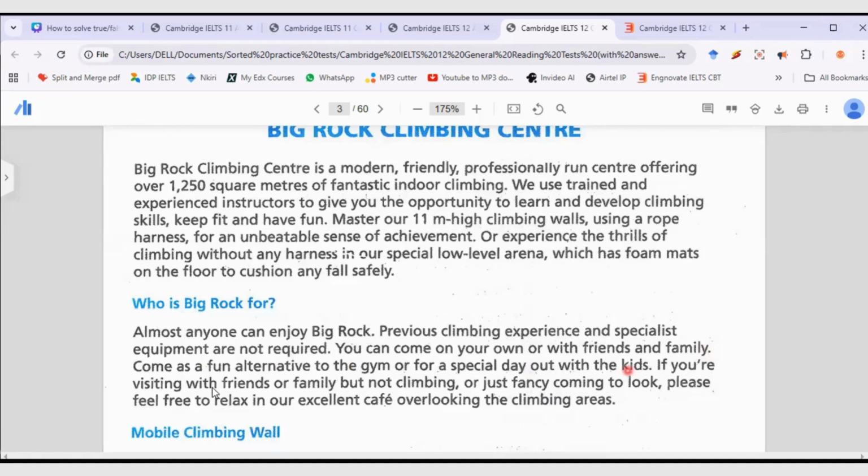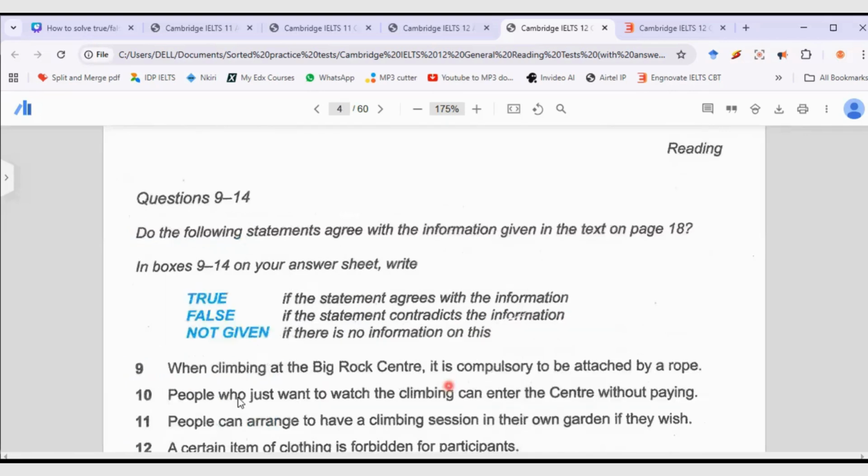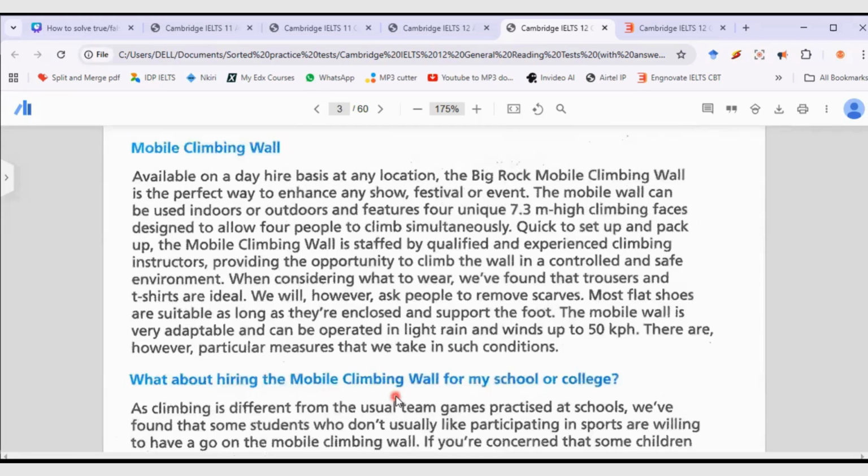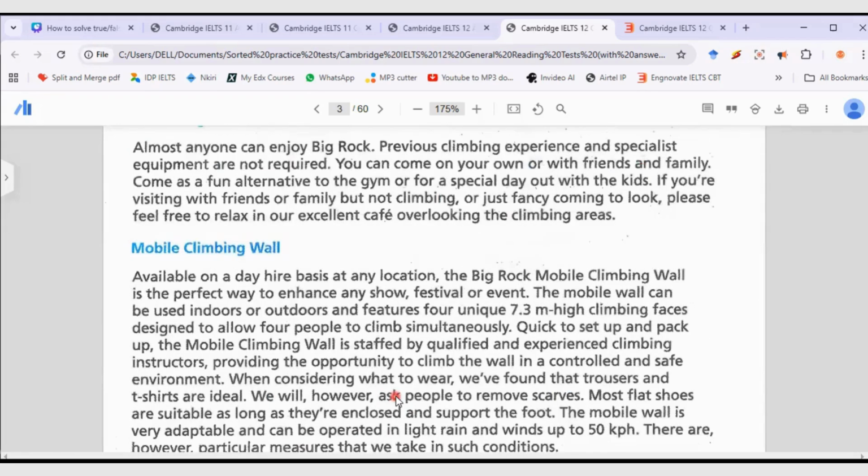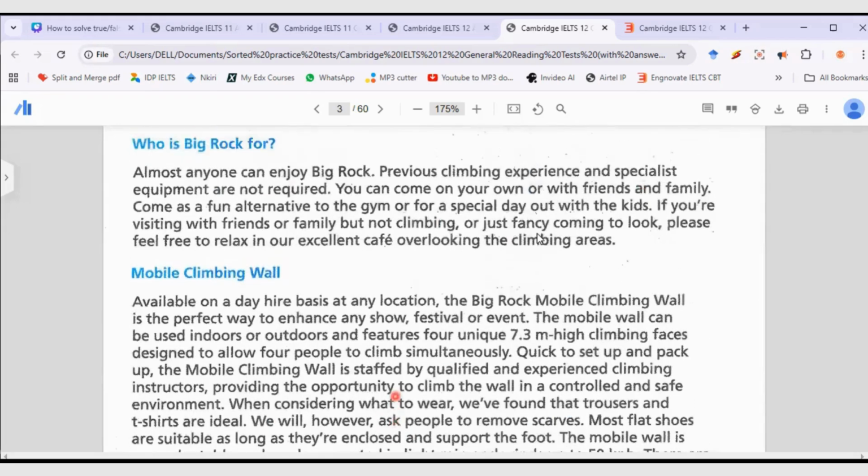If you are visiting with friends or family but not climbing, take note of that. Can you see that? But not climbing. What does that mean? You just want to watch. That's what it means. You are visiting with friends and families, but you are not climbing.